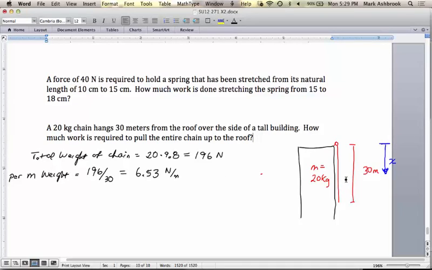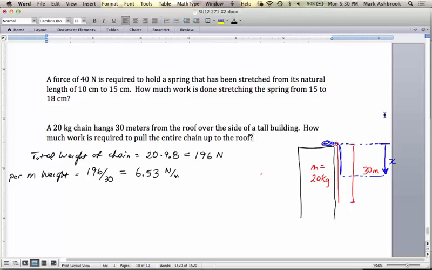So say we've already done a bunch, and there's x meters left. This is a typical amount of work for some amount hanging off the edge.